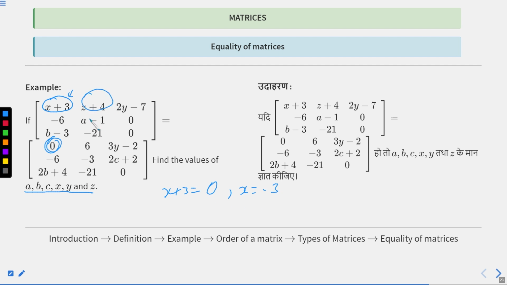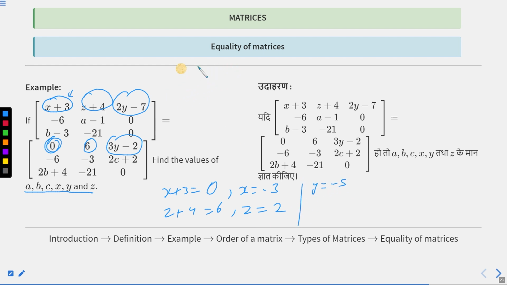This entry must be the same as this, which means Z must be 2. This will be the same as this. So 2y minus 7 is equal to 3y minus 2. So this 2y will be at this position, and this will be minus 5. So y is equal to minus 5.